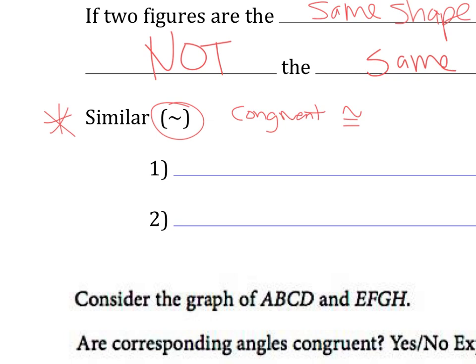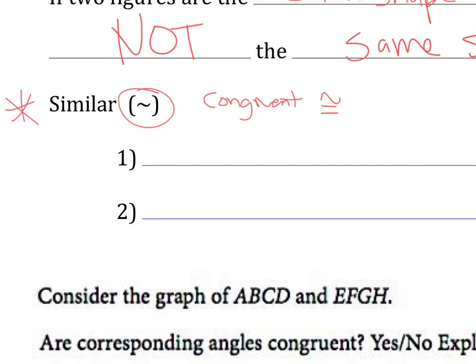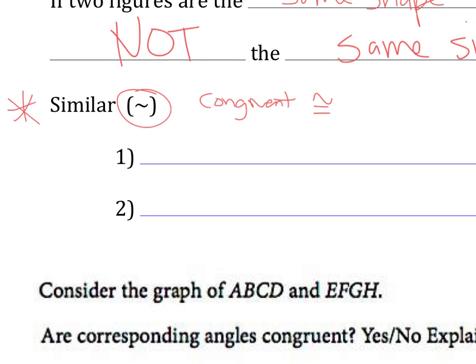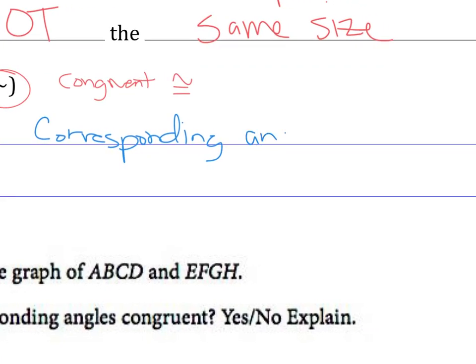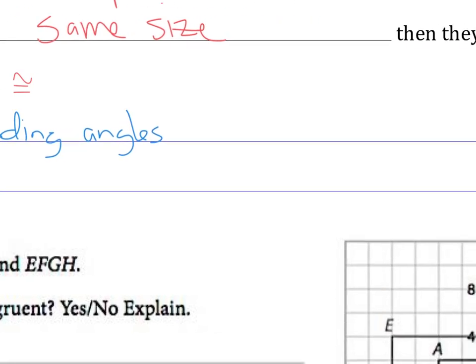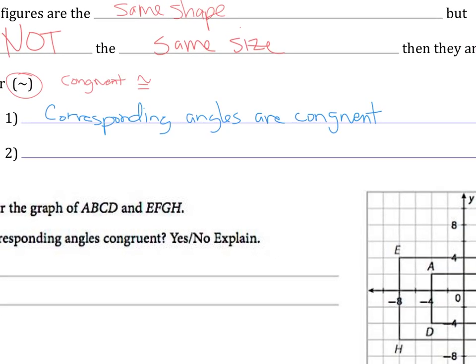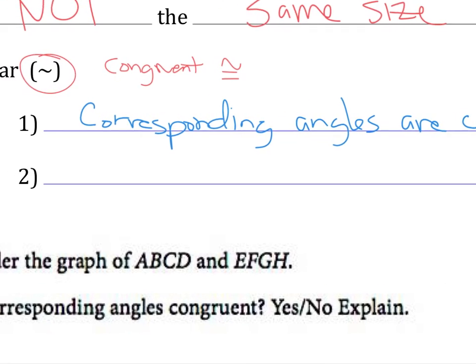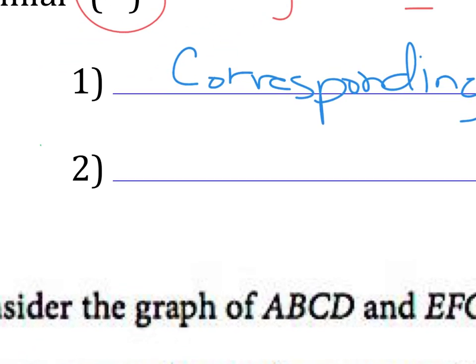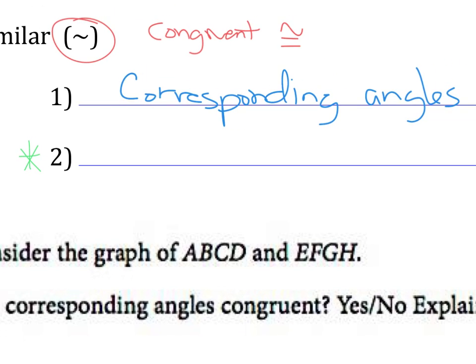So for similar figures, there are two characteristics that are important. The first one is that corresponding angles are congruent. And the second one, and this one is always the hardest to remember, so make a big note of this one. If you want to put a giant asterisk by it, put a giant asterisk by it, highlight it, underline it, do something.